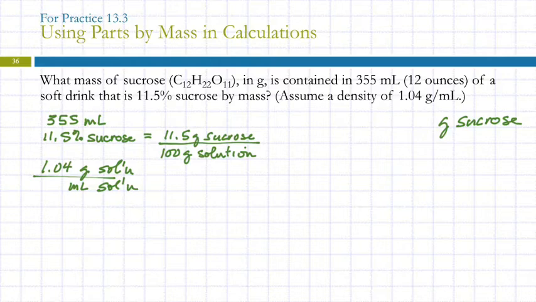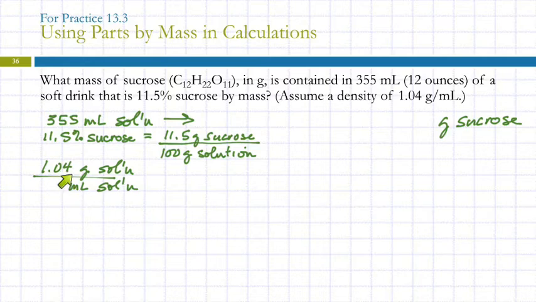I can't use 355 milliliters as a conversion factor, so I probably want to start with that one. So if I start with 355 milliliters of solution, what could I change that into? I could change it into grams of solution using the density, right?